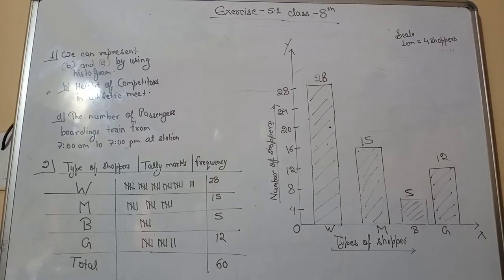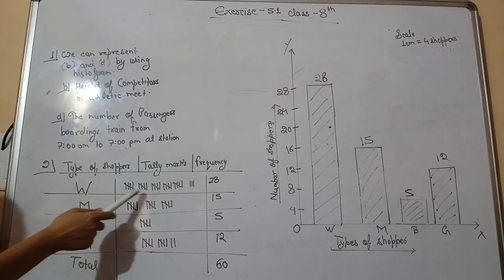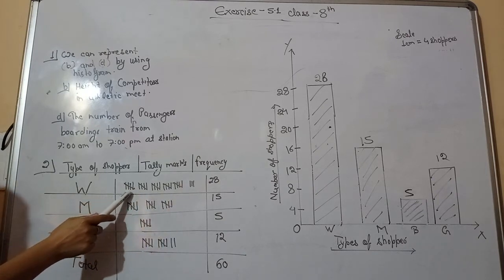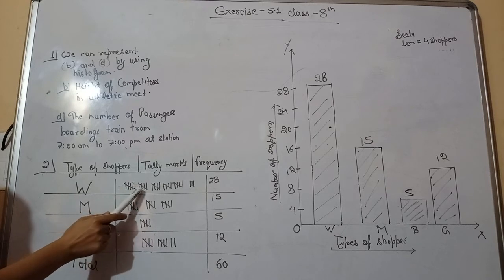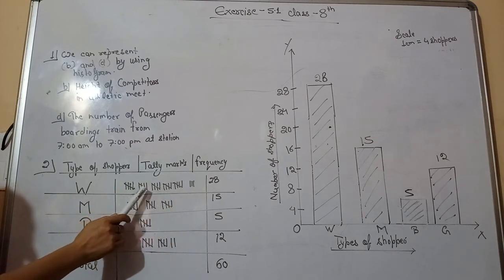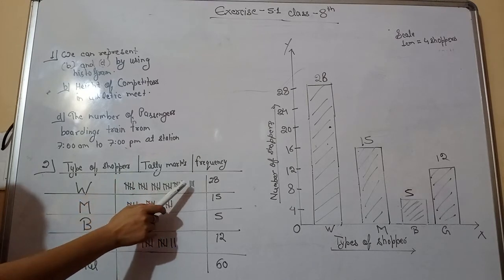I have directly written here after counting. These are the types of shoppers: woman, man, boy and girl. And this is called tally marks. Tally marks means 1, 2, 3, 4, and one inclined line, this is called 5. So 5, 10, 15, 20, 25 and 1, 2, 3 is 3, so this is 28.